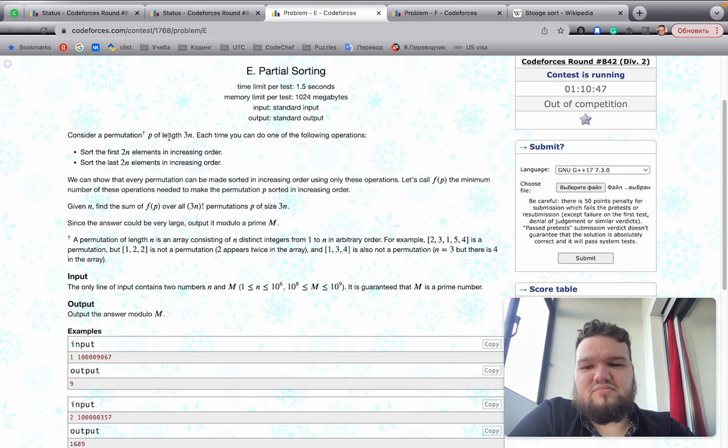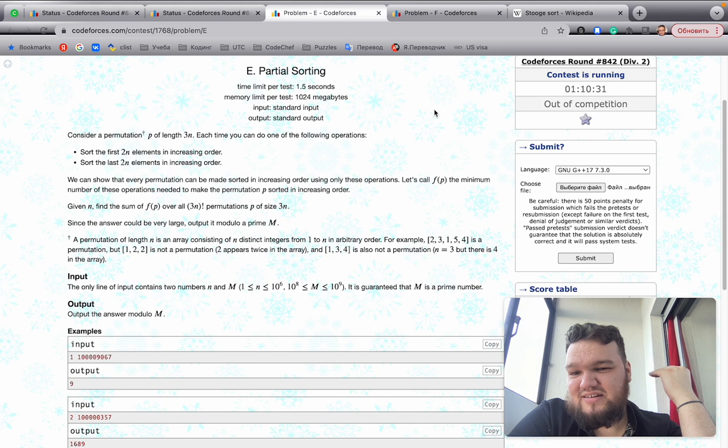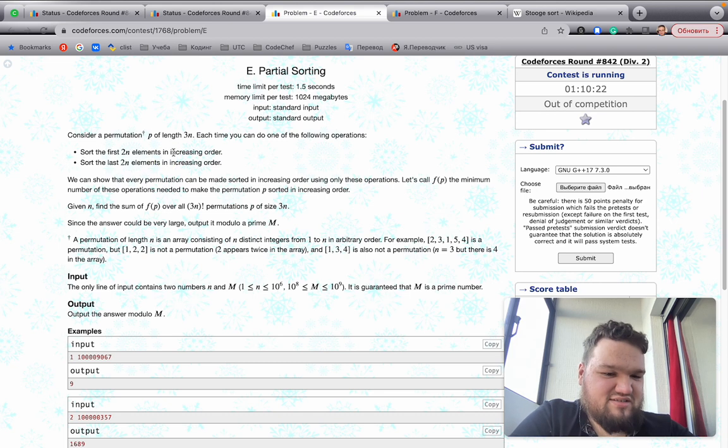In our problem, our array is of length 3n, and those sorts are not recursive, they just do the actual sorting. So knowing about Stooge sort tells us that it is always possible to sort in three operations. You can sort the first 2n, then the last 2n, then the first 2n, and the array will be sorted.